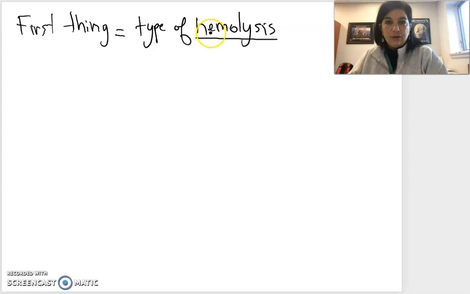So when bacteria are invading a host, some bacteria have this property that actually makes the red blood cells burst. Hemo is referring to blood, and lysis is the disintegration of the cell. So this property is a factor that makes the bacterium even more virulent.